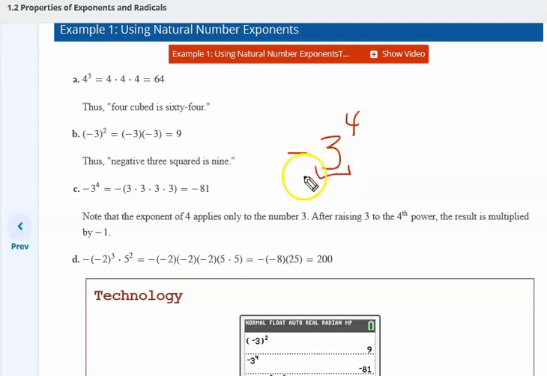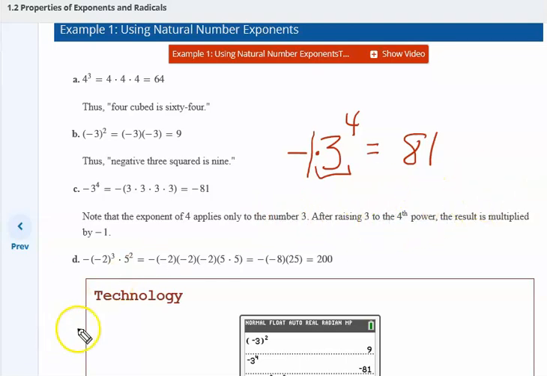That's the base. So the base is not a negative 3, as we see here because of the parentheses. So this answer is going to be negative. We sometimes can think of it like a negative 1 times that. So again, you need to be careful about this. And 3 to the fourth is 81.